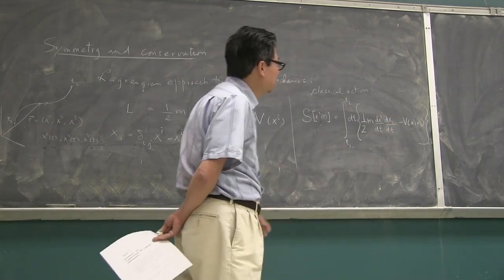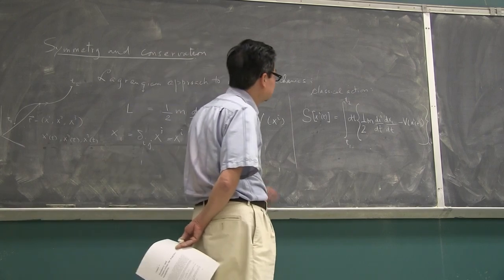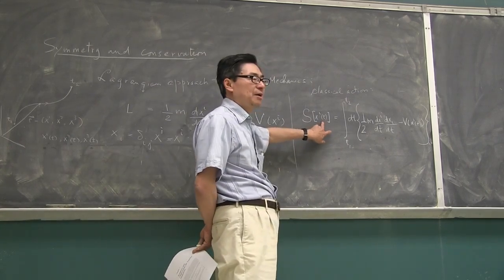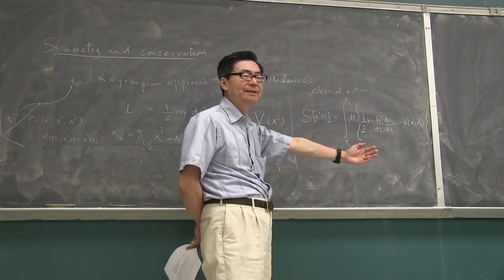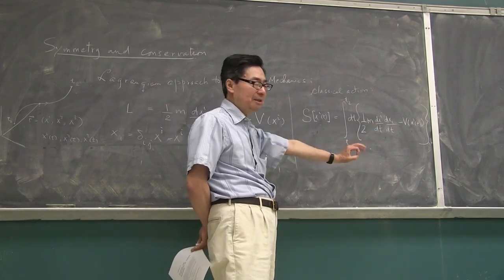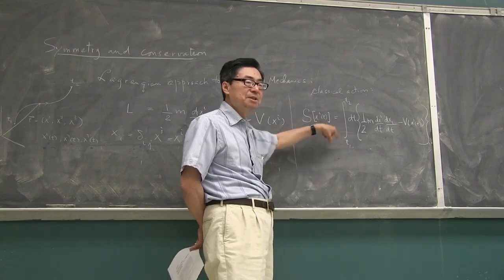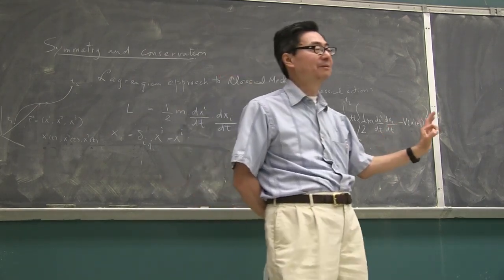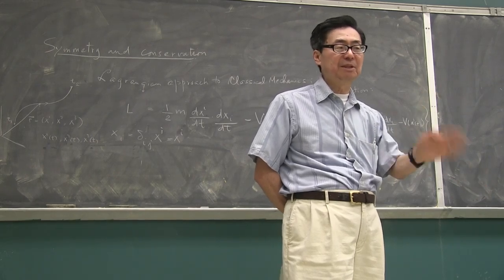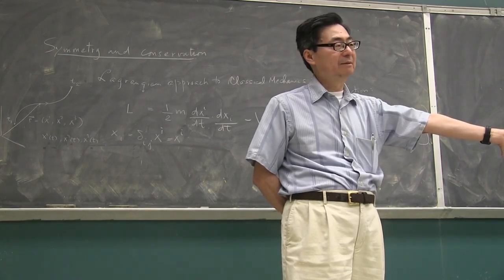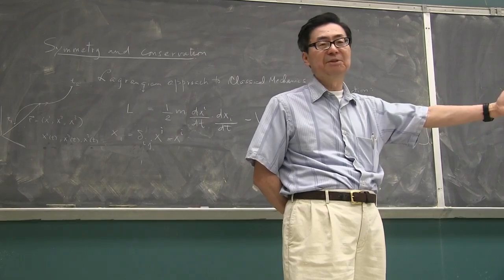So the functional can be considered as a mapping from the space of functions to the real line. Given a particular set of functions, through this procedure you get a real number. Such a thing is called a functional, as I said. It's a mapping from the set of functions to the real line, the real line meaning the set of real numbers.